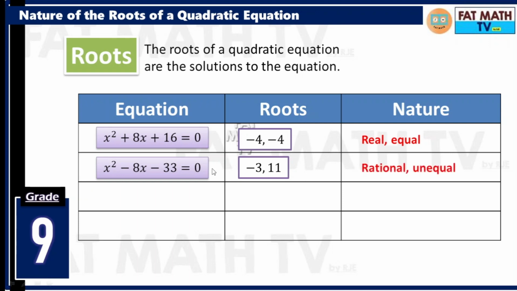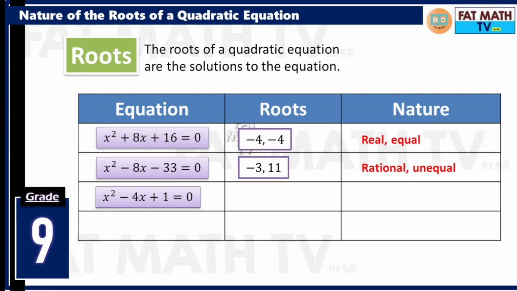Particularly, these numbers are rational numbers. Real, rational, unequal, because all rational numbers are also real. So the nature of the roots will be rational, but they are not equal.